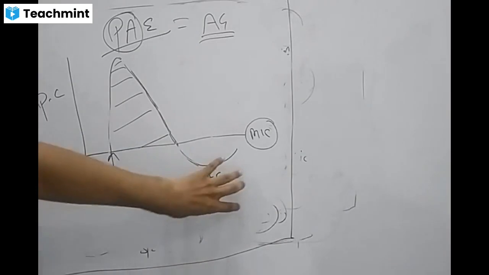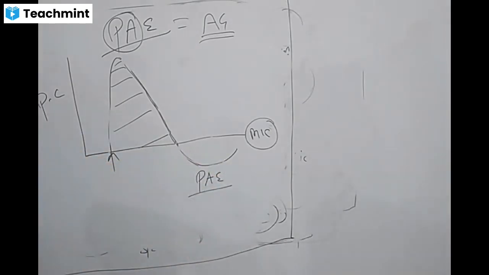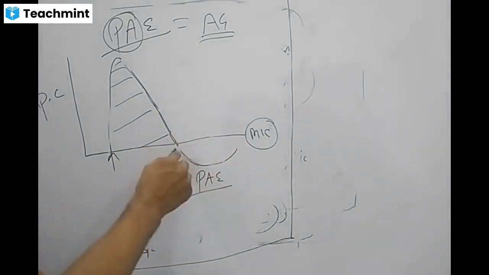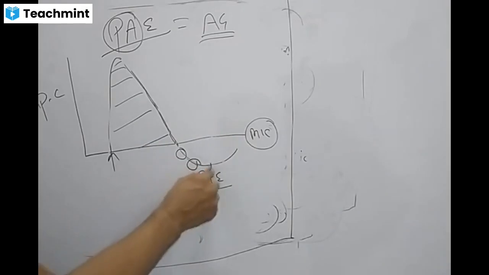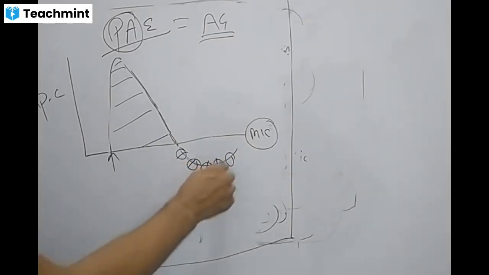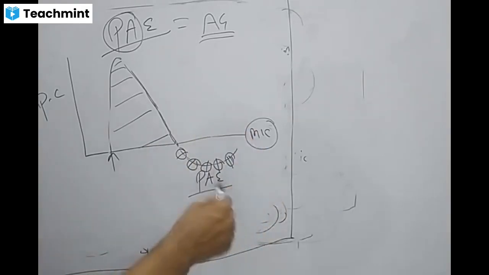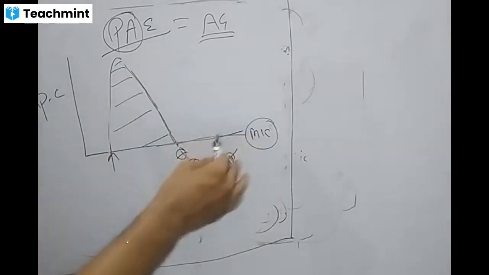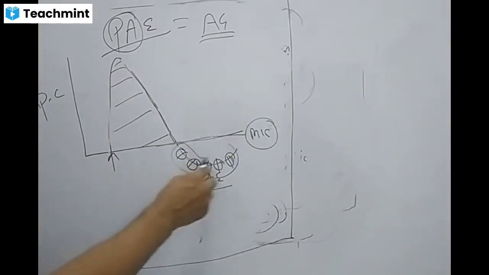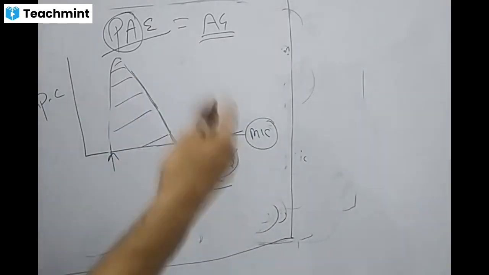This effect is the post-antibiotic effect, and it is because at this point some of the bacteria have become weak and are also cleared by the immune system. So even if the drug is not present, or is present below the MIC, we can still find some amount of effect.